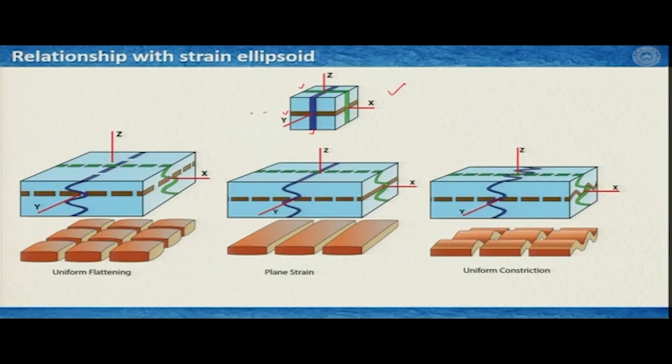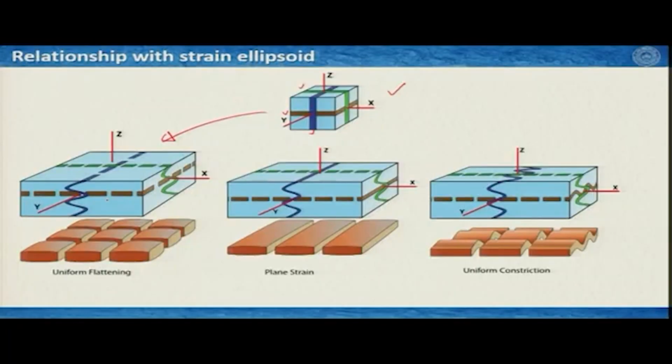First, we will take up the problem of uniform flattening. If you remember, your z axis has to be shortened and the x and y axes should flow equally. So, the condition is x equal to y, which is greater than 1, and z is less than 1.